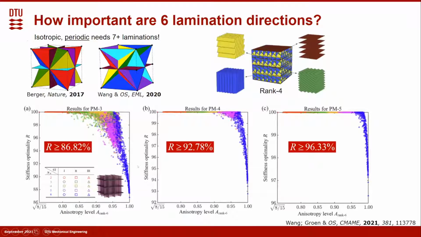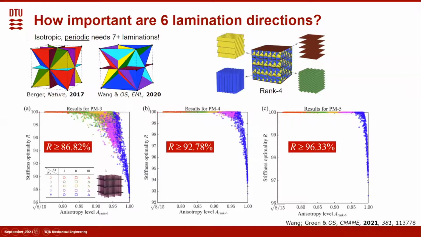So now the question is, how important are the 6 lamination directions? So we did a study to optimize plate structures for different lamination directions. This is for 3, this is for 4, and this is for 5. The y-axis indicates stiffness optimality for the optimized microstructures.